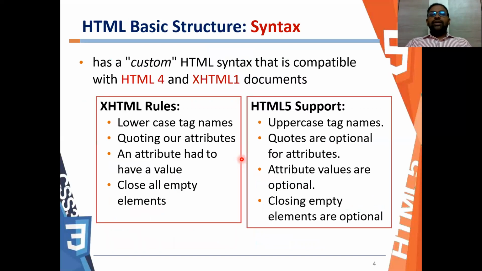I told you about HTML5, which is widely used. Now we are going to see the differences between XHTML and HTML5. XHTML requires lower case tag names, but HTML5 supports both lower and uppercase tag names.